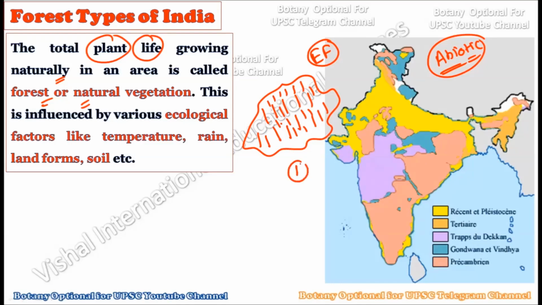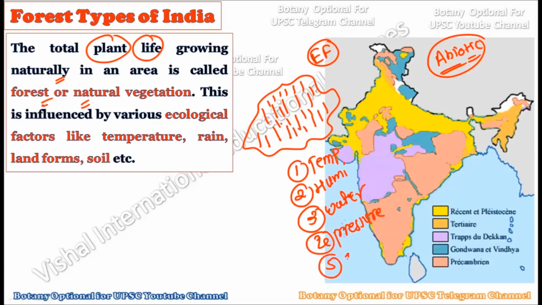Abiotic factors such as temperature, humidity, water availability, and the different types of pressures in the environment. And for the fifth one, you can consider the soil. All of these important abiotic factors play an important role in creating a specific type of forest, and according to these abiotic components, the forest types are decided in a particular region.